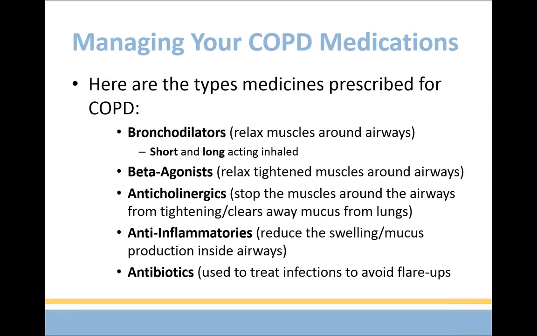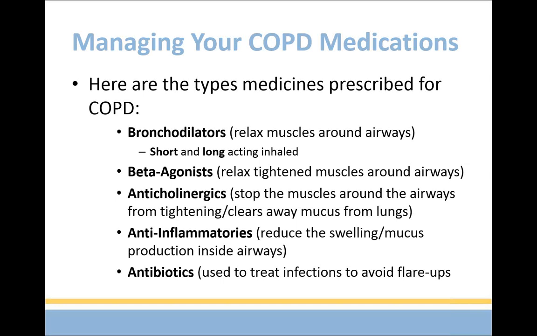And then we have our anti-inflammatories. Their job is to reduce the swelling and the mucus production inside our airways. And then antibiotics are used to treat infections to avoid the flare-ups. You'll see all different names.